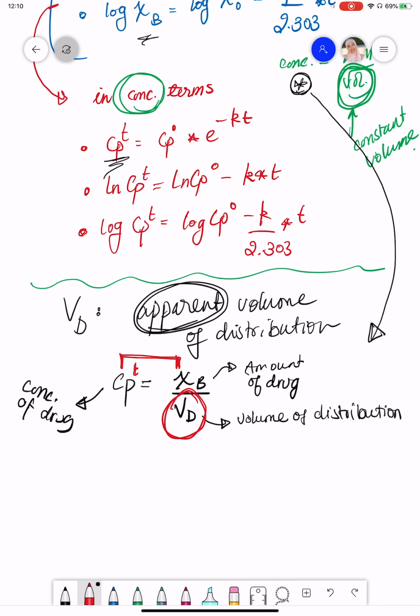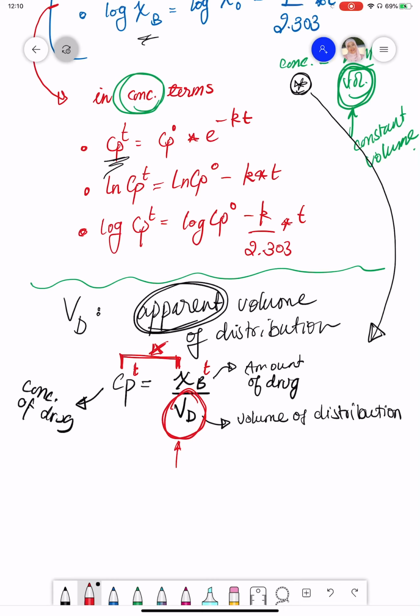So this is true at a certain time. It's a math factor or proportionality constant that relates what is measured in the systemic circulation with the amount of the drug in the body.